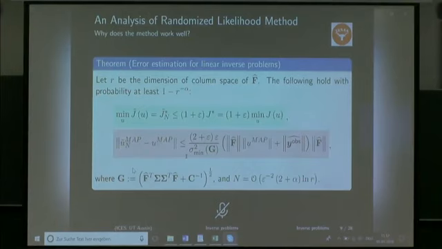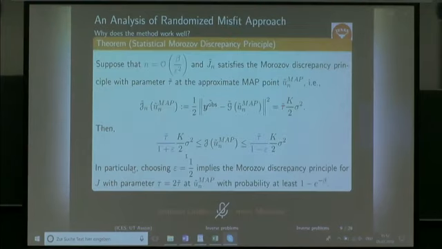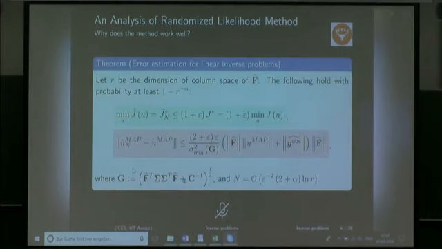Okay, and let me come back to here for a second. In this theorem, we can also show that, in fact, epsilon can be order 1, and we still can get the Morozov discrepancy principle solutions. And that explains why the method is successful.